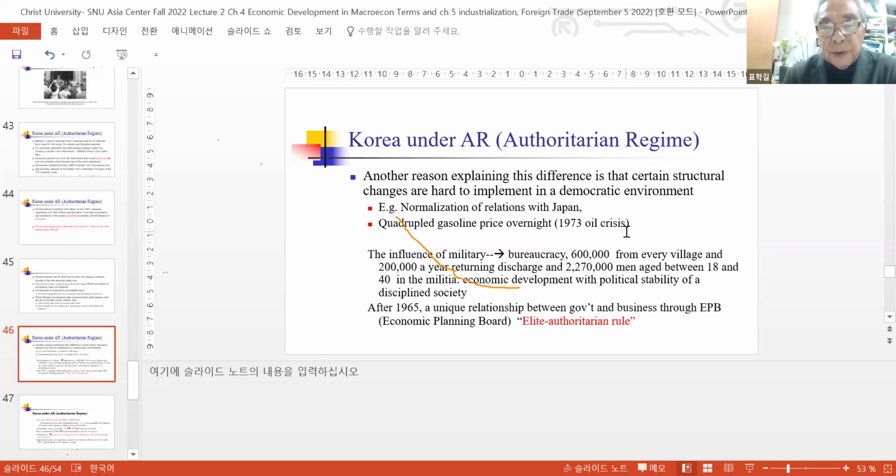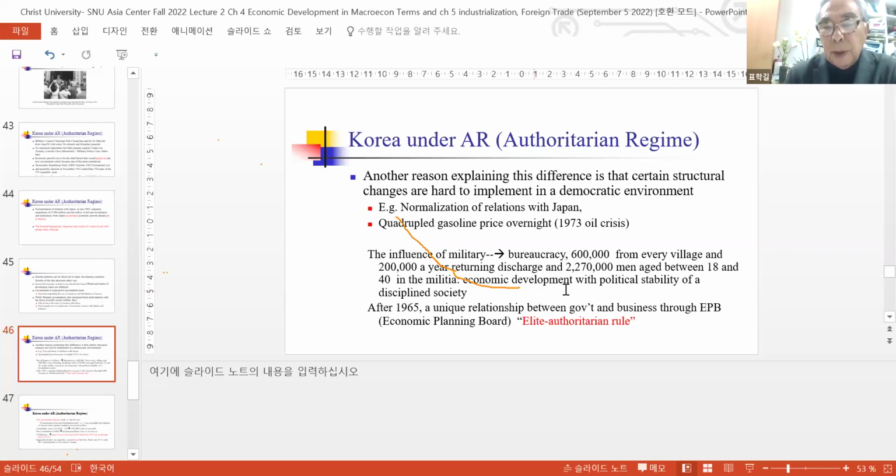1973 oil crisis. The influence of the military is large: bureaucracy, 60,000 people from every village and 200,000 a year returning from discharge, and 2 million men aged between 18 and 40 in the militia.